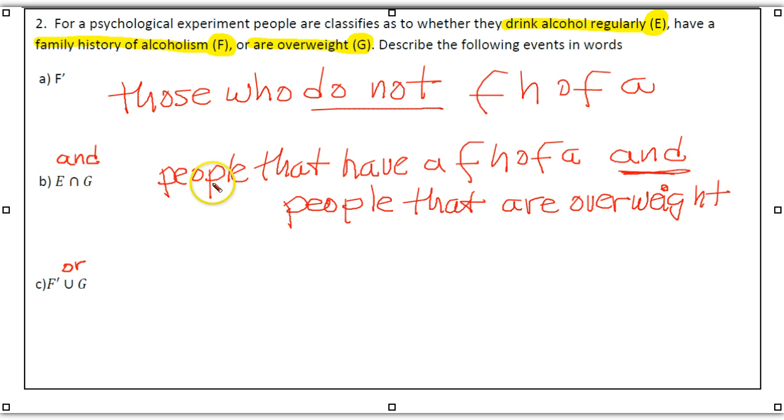So, set E are people that have a family history of alcoholism, and because of the symbol and the word, and people that are overweight. That's how you would read that.